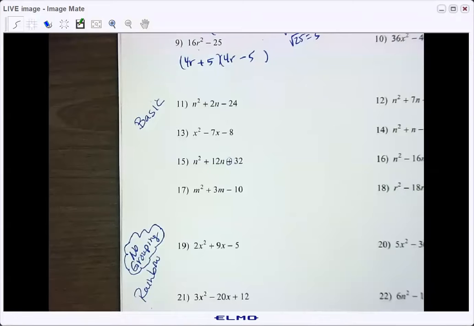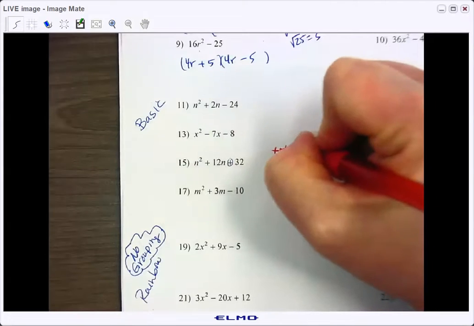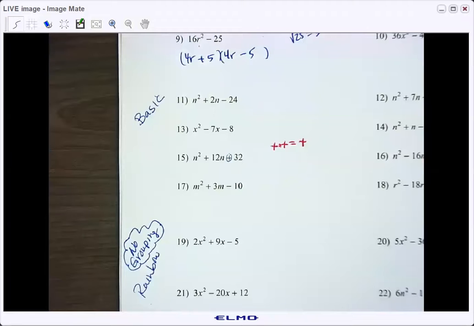Okay, good. Okay, so I have positive times positive in the chat box. That is true. So positive times positive equals positive. What else? What times what will give me a positive besides a positive and a positive?